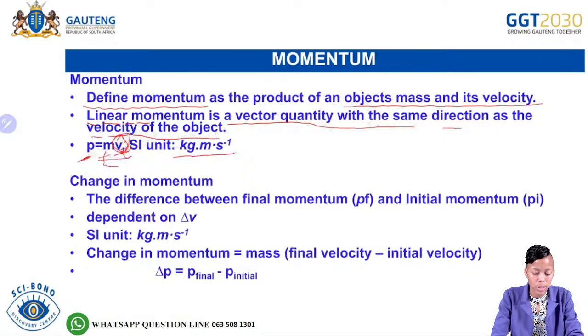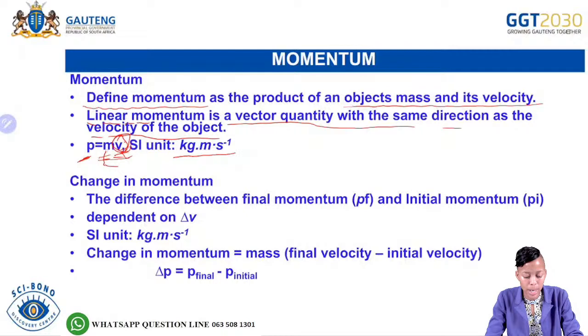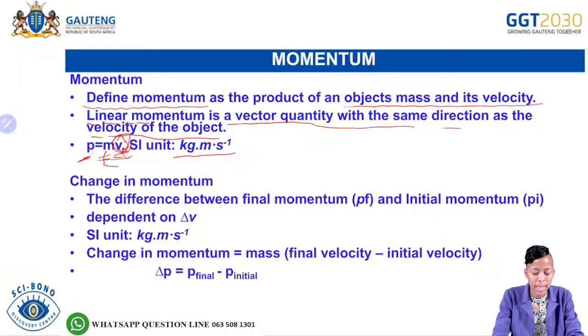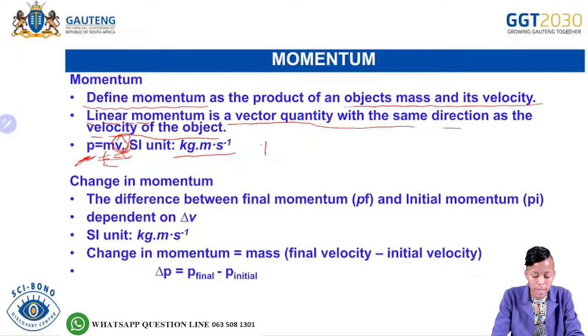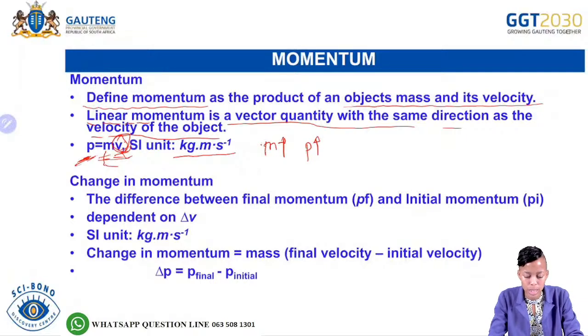Then we spoke about the relationship between the mass and the momentum, and we said that both the mass and the velocity are directly proportional to the momentum, meaning that as the mass increases, the momentum will also increase.